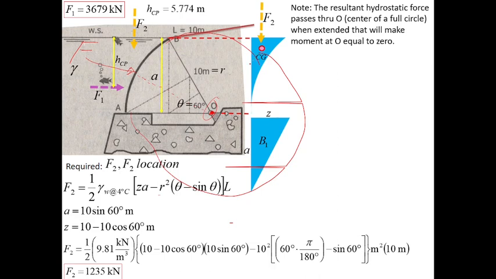The resultant hydrostatic force passes through O, center of a full circle. Passes through O when extended. That will make moment at O equal to 0.